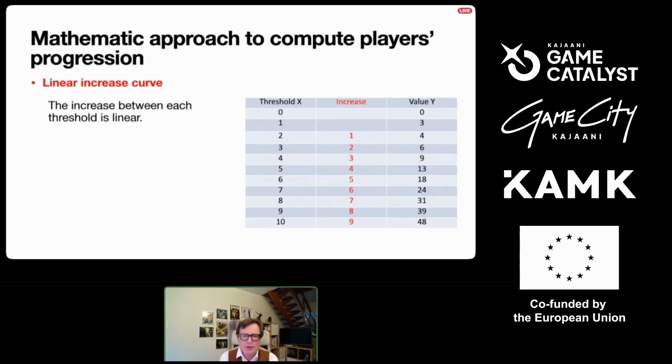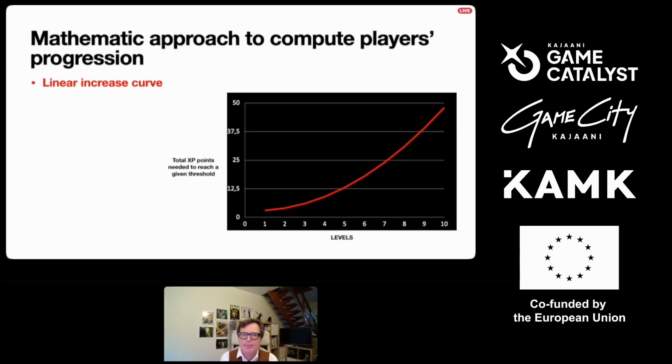Let's now discover what is called the linear increase curve. Here, the increase between each threshold is linear. You see? It's increasing by +1 every time, and that's how the curve looks. It looks like the previous one, but the end is not as steep.